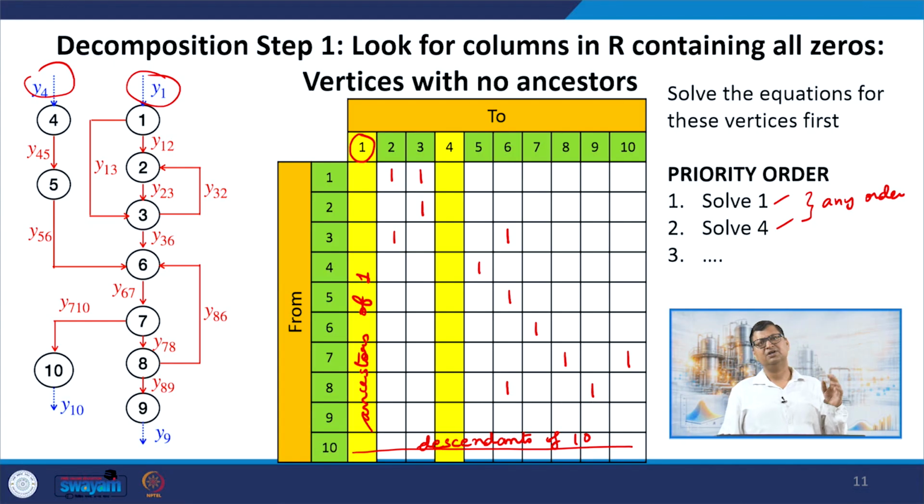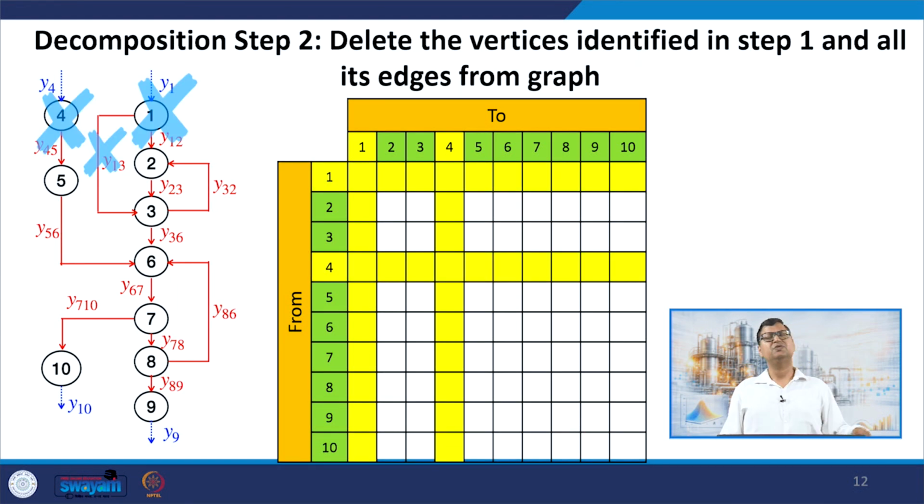now what I will do is delete those vertices and all the edges that start from those vertices or come to those vertices in the graph. You see here I have a cross sign. As soon as we figure out that 1 and 4 have to be done first, I delete y12, y1 is already not being considered.